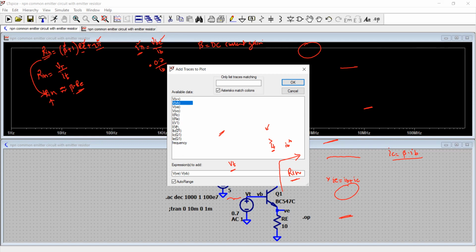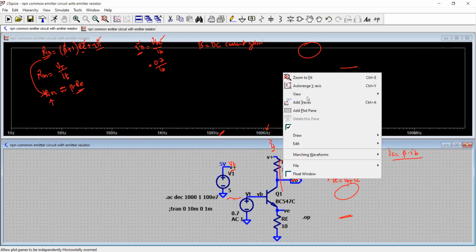Let me find out. This is V plus, VB, then I have VE, VO, I of t. Okay, so this is the voltage at the base actually. Look, all these things got printed there.